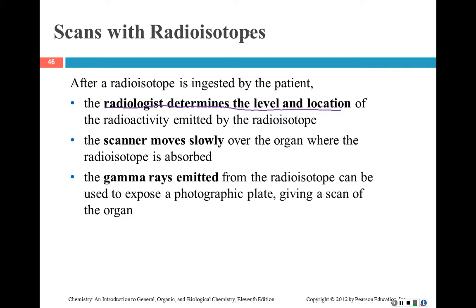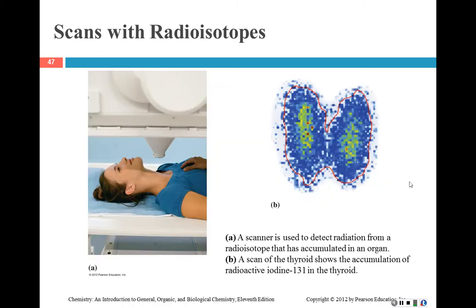And so the scanner, once this radioactivity is set, will move very slowly across the area where that's been absorbed, and then the gamma rays that are being emitted will be exposing some type of photographic plate. They're not necessarily X-rays, because some of them are not that energetic, but they give you a scan of the organ, and so they can pick that up.